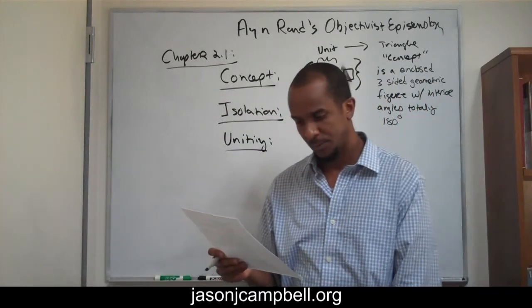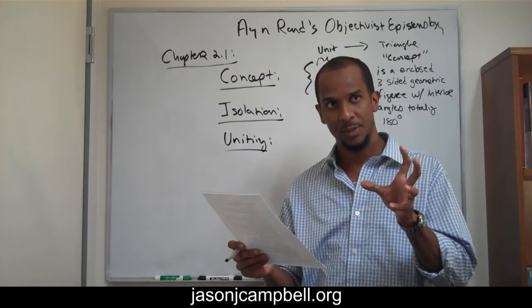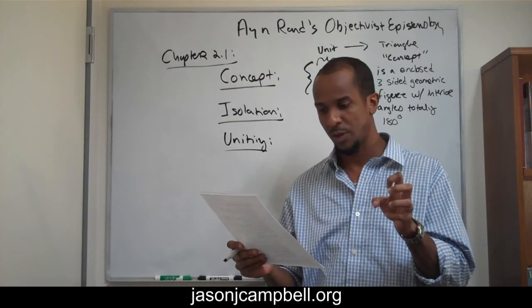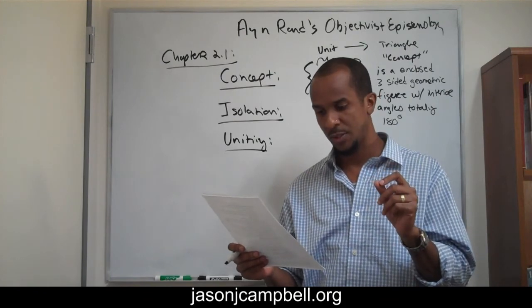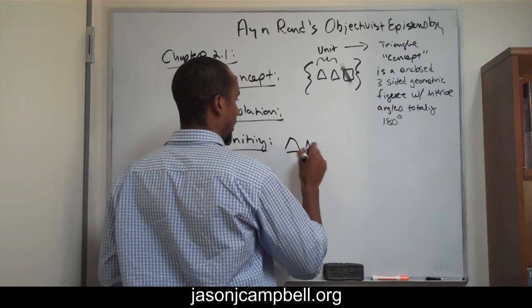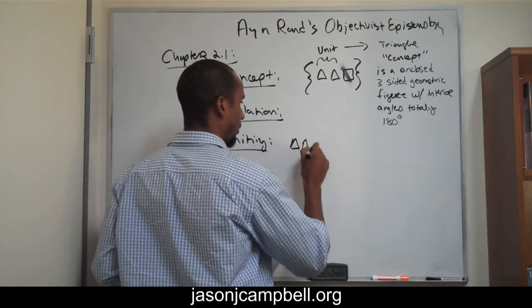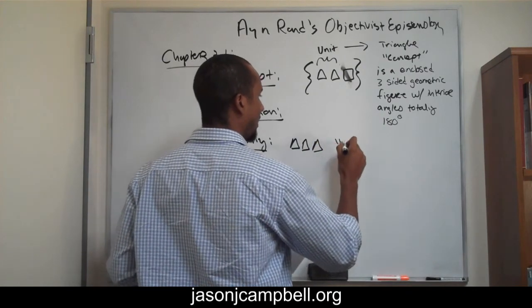Uniting is the integration, the synthesis, if you will, the integration of individual units. So the idea would be not these particular, and that's a poorly drawn triangle, but not these particular triangles, right? But the concept triangle.